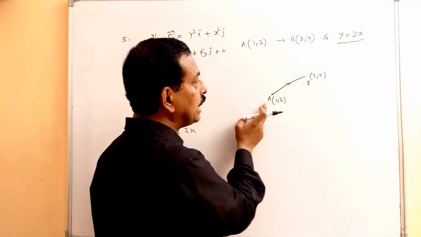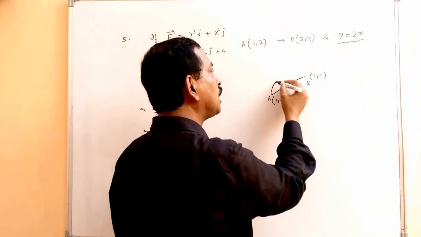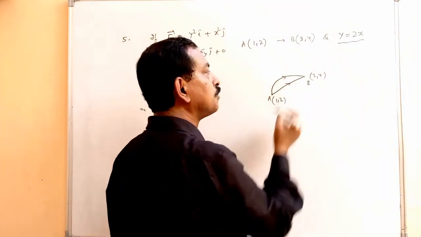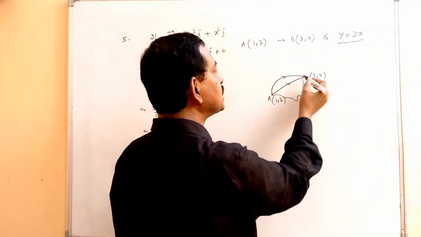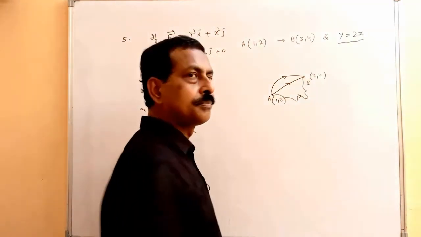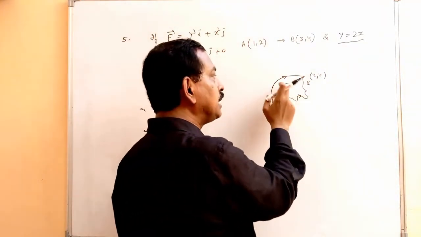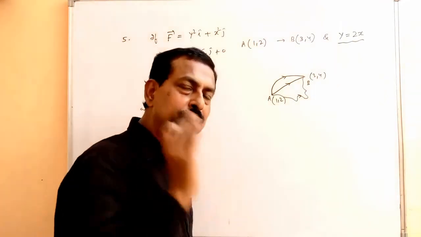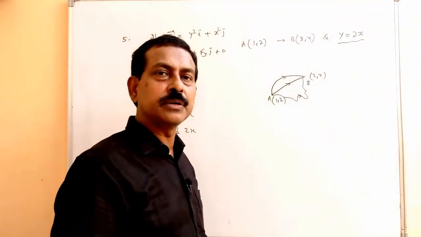But from point A to point B, I can also go by some other path like this, or it may be that we go like this. If the force is non-conservative, then the work will definitely depend upon the path. Had it been conservative, then it would only depend upon the initial and final position.